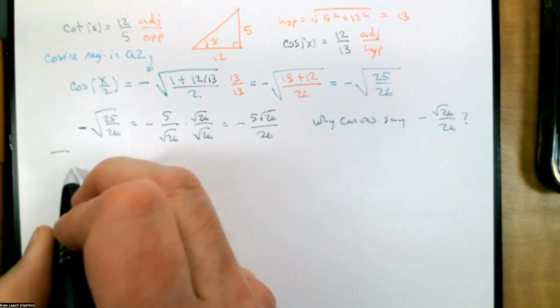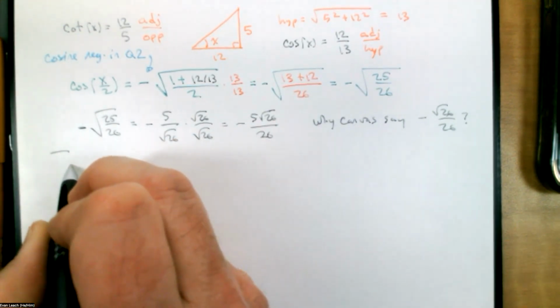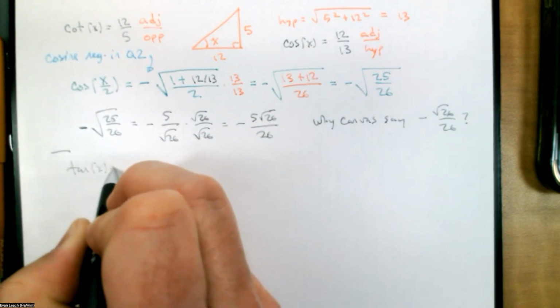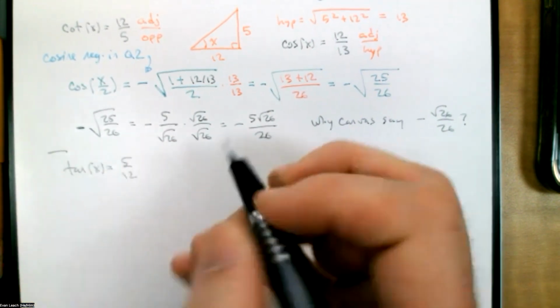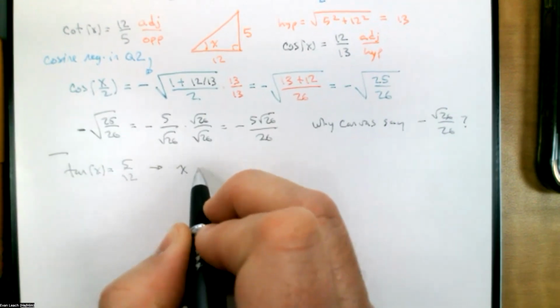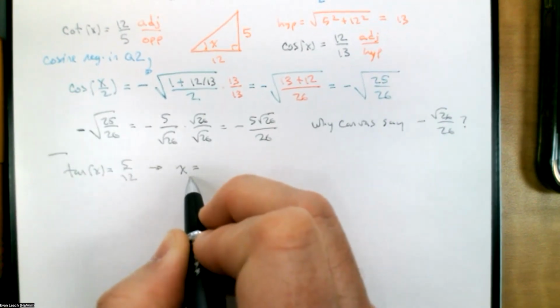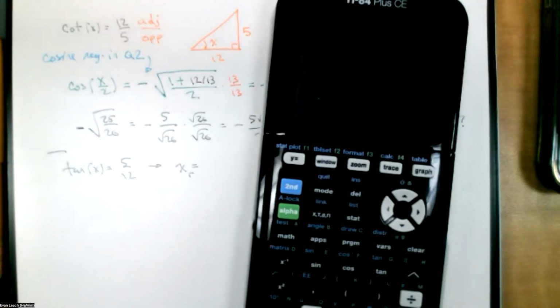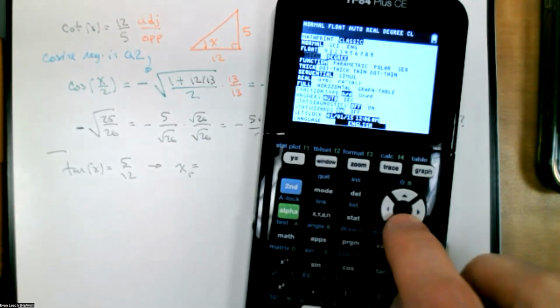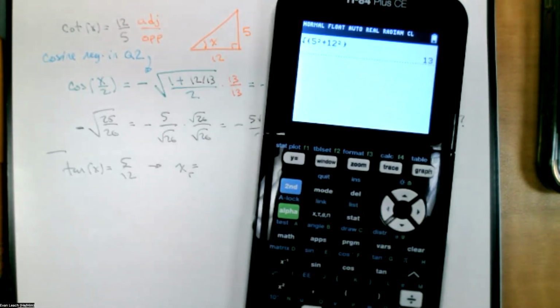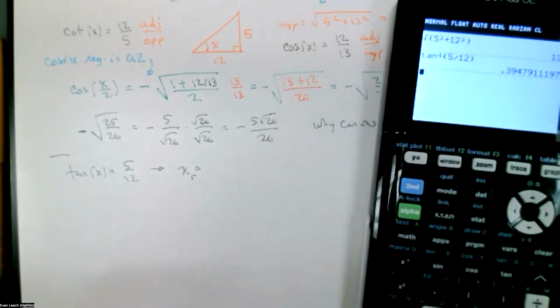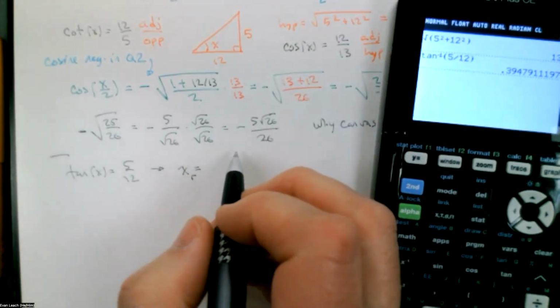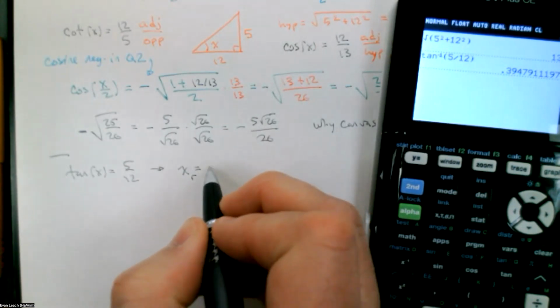Let's find out. So if cotangent of x is 12 over 5, tangent of x is 5 over 12, and that tells us the reference angle for x. Let's go into radians. The reference angle for x is tangent inverse of 5/12, so the reference angle is going to be 0.395.